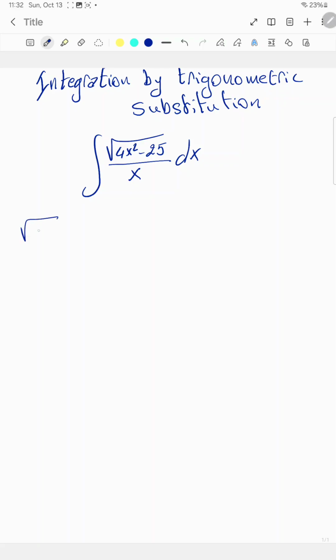If I have the square root of a squared minus x squared, I would take x equal to a sine of theta, and then cosine squared of theta is equal to 1 minus sine squared of theta.